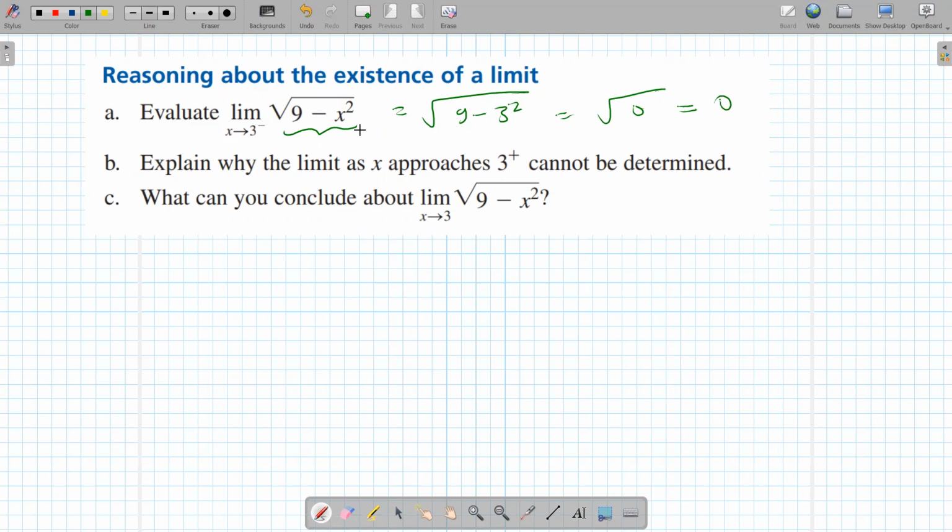Do you agree? So that means 9 minus x squared must be greater than or equal to 0, correct? So 9 must be greater than or equal to x squared. If you remember the graph of the quadratic, this means that x is between -3 and +3.